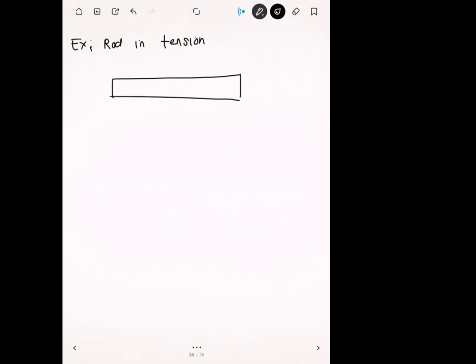Here we have a rod, and let's say that we're pulling on it on both sides with some tension T. Since we're pulling on the rod with the same force on both sides, we can say that this rod is in equilibrium. It's not going to move, it's just going to stay there. Not only can we say that this rod is in equilibrium, we can say that every single part of this rod will also be in equilibrium.